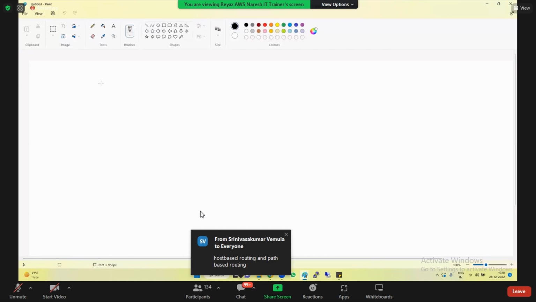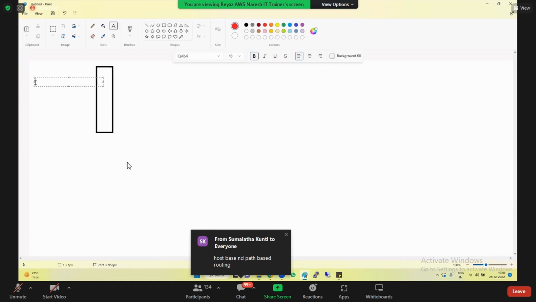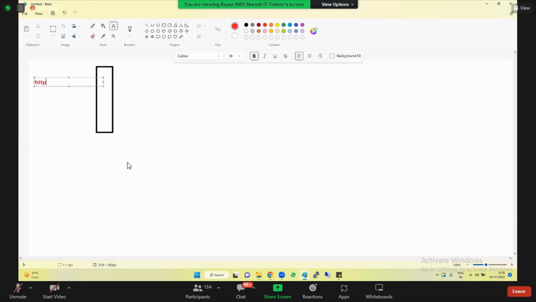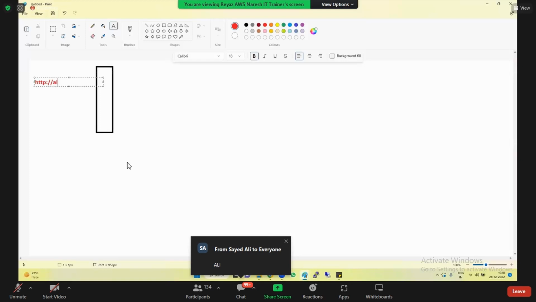See, now let me take a real-time example. Guys, this is the load balancer. I need a very short name. Give some name. Ali. Okay, so ali.com, for example.